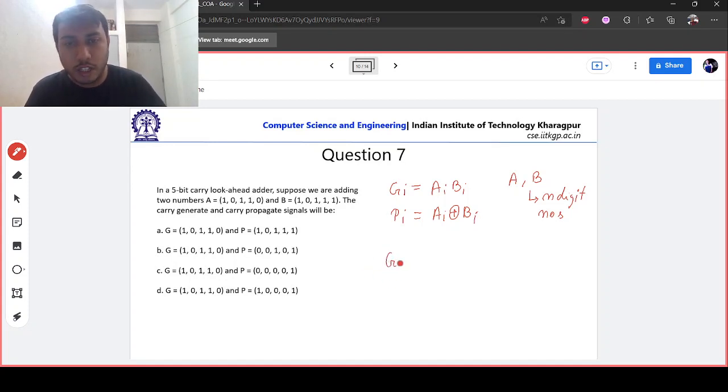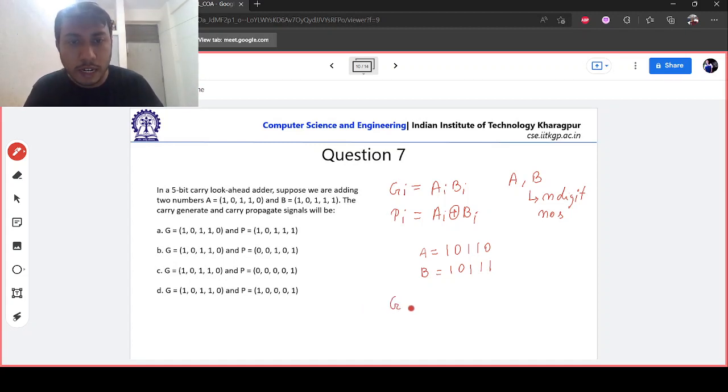So for the G, the number is given to us: A equals 10110 and B is 10111.